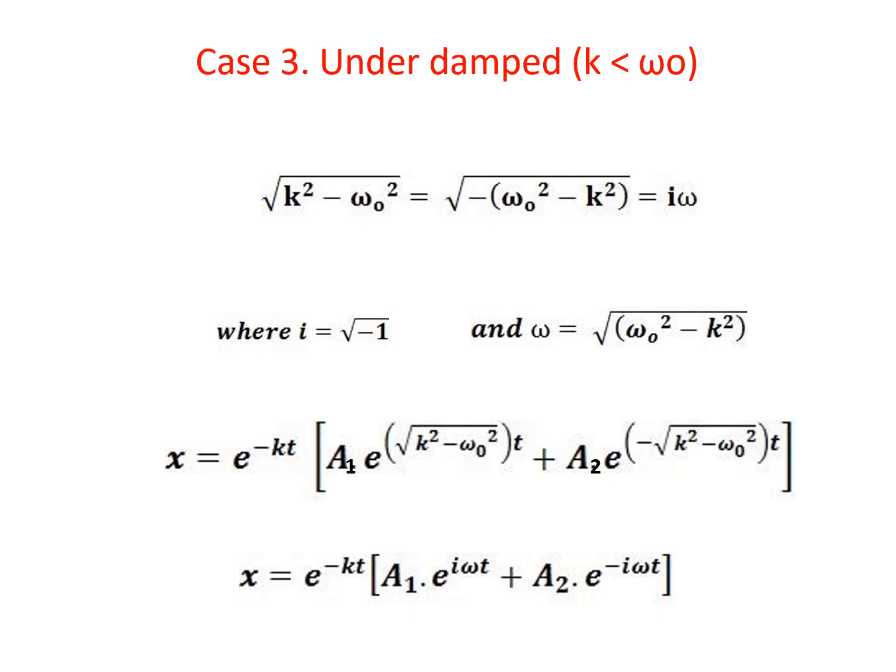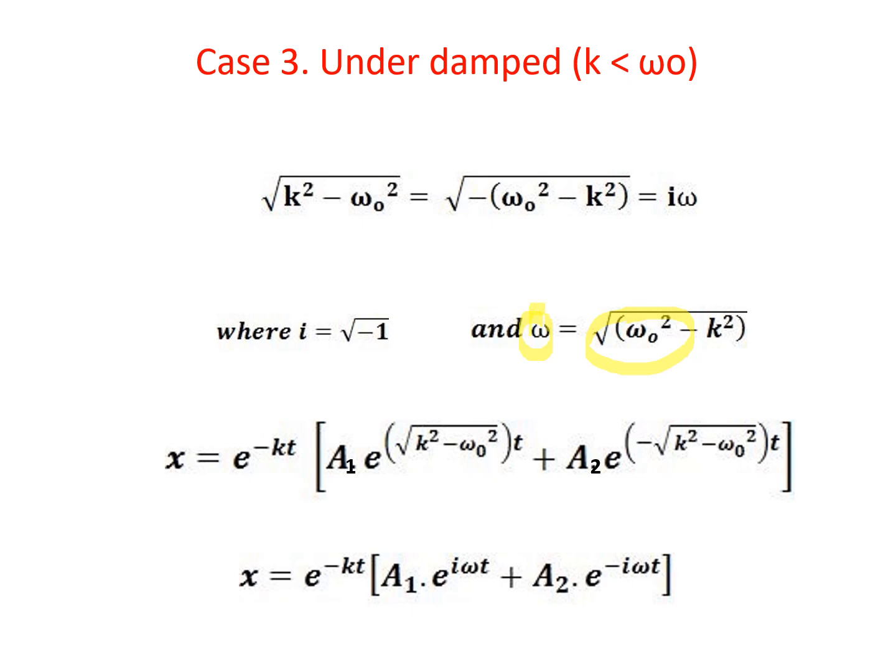So for the underdamped case, since k is much less than omega 0, the term root of k squared minus omega 0 square can be written as i omega, where omega is root of omega 0 square minus k square. Here, omega is called the angular frequency of the damped harmonic oscillator, whereas omega 0 is the natural angular frequency of the oscillator in the absence of any dissipative forces.